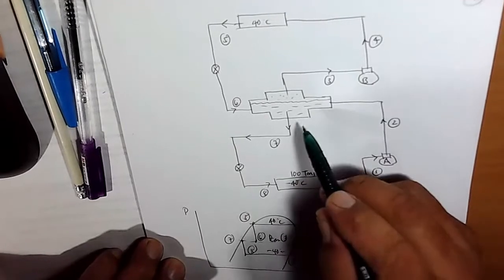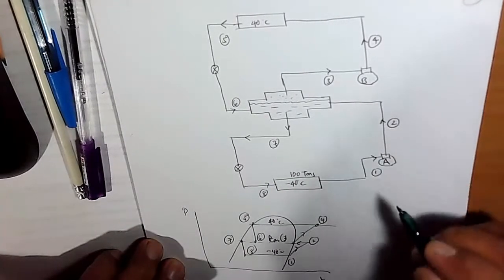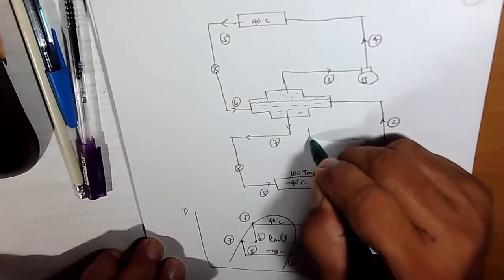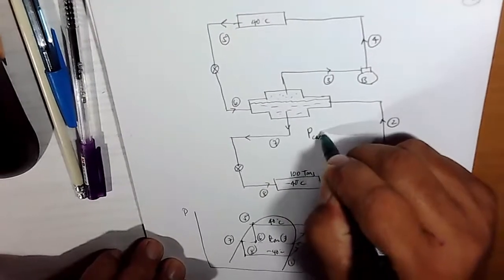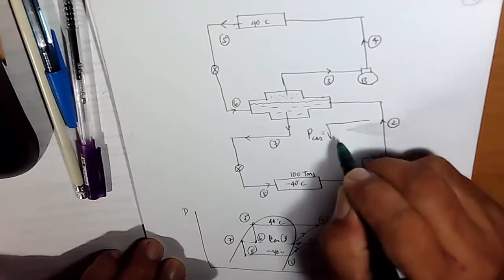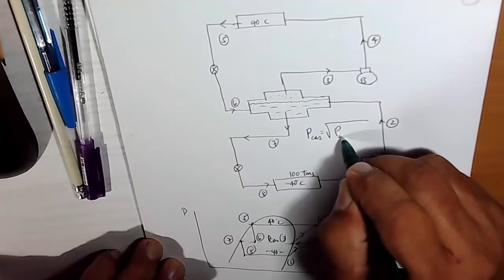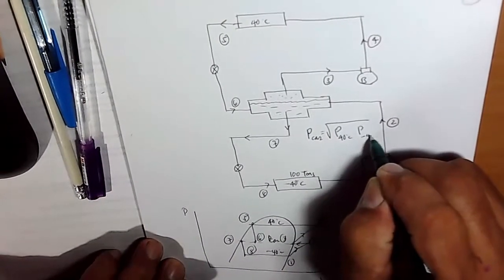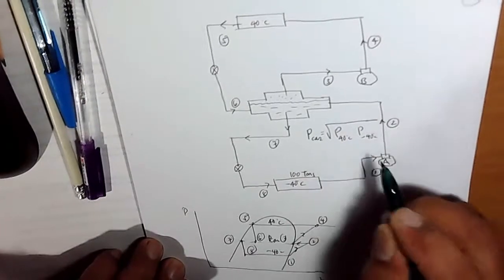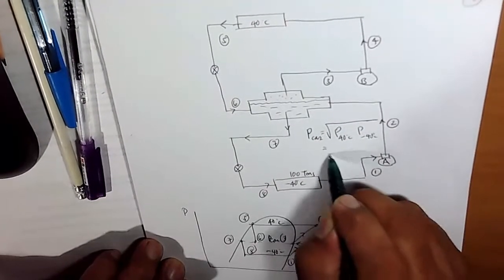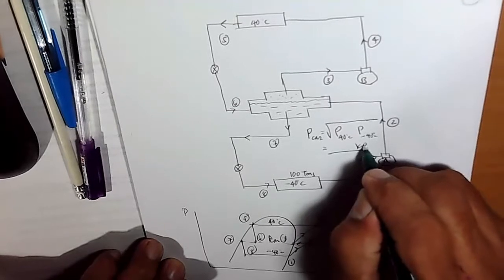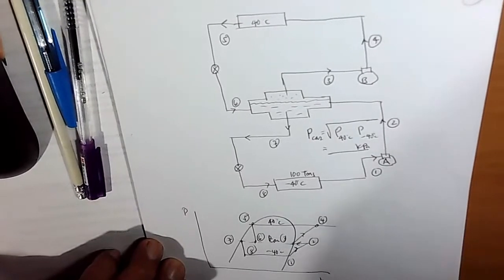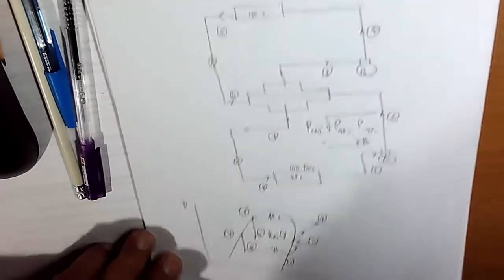To determine this, all you have to do is follow the formula. Pressure corresponds to your 40 degrees Celsius and pressure corresponds to negative 40 degrees Celsius. Now you have your value of your P cascade.